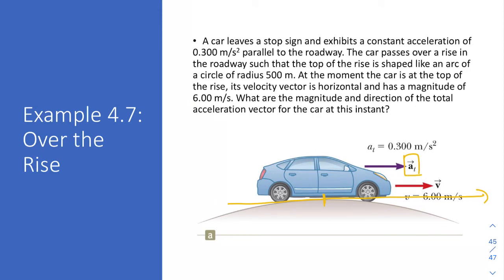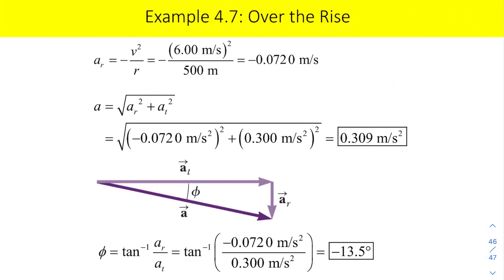Then the acceleration towards the center of the circle is ac or ar. Now ar is equivalent to negative v squared over r, and ar is also equivalent to ac, remember? Then substitute the information of your v and your r, and you get this answer.